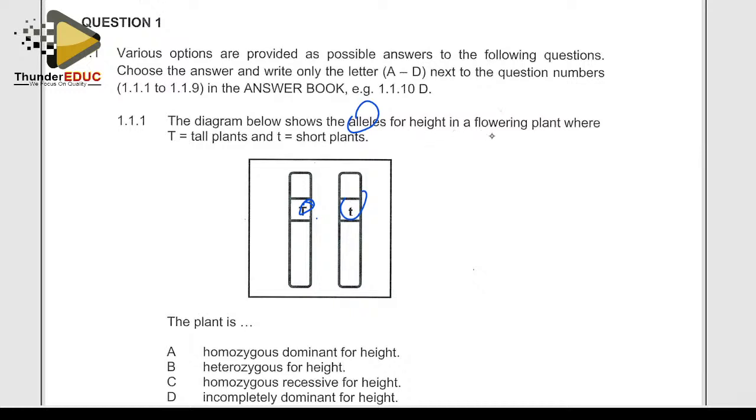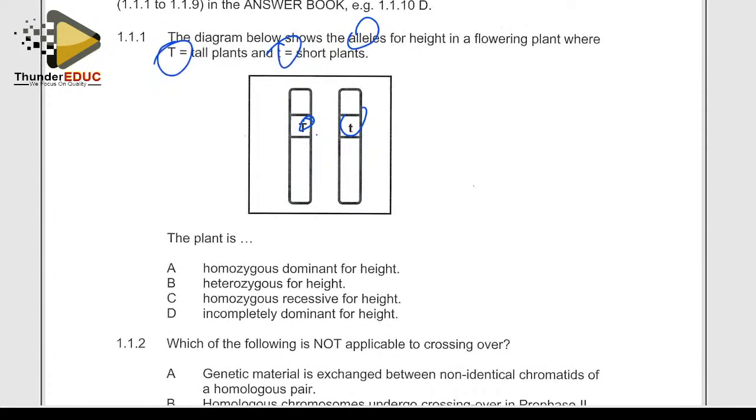Allele for the height in the flowering plant, where capital T is tall and dominant, and small t is short, meaning it's recessive. Once you have a capital letter and a small letter, there are two different kinds of alleles, so it means that it is heterozygous.